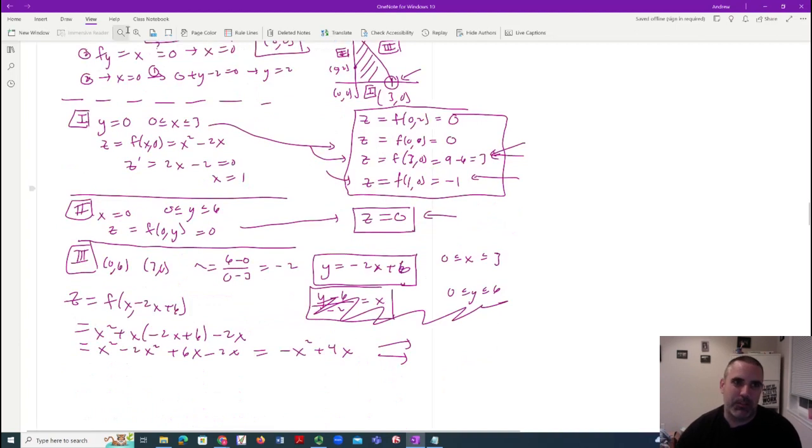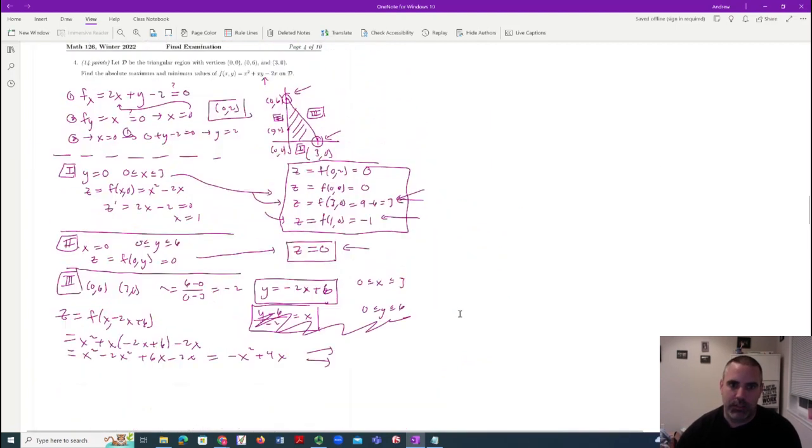A lot of times in my solutions I don't explicitly show that, but in your mind you should be thinking, okay, am I checking x equals 0? Yeah, that gives me z equals 0. Am I checking x equals 3? Yeah, that gives me, it's nice to double check, negative 9 plus 12, which is 3. Yay, it's the same.